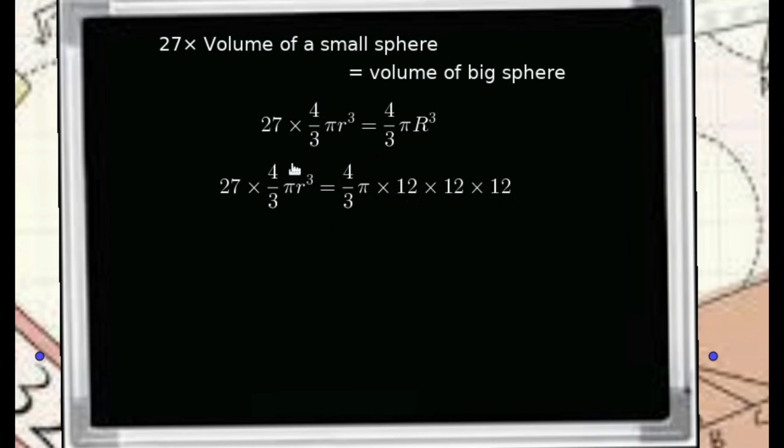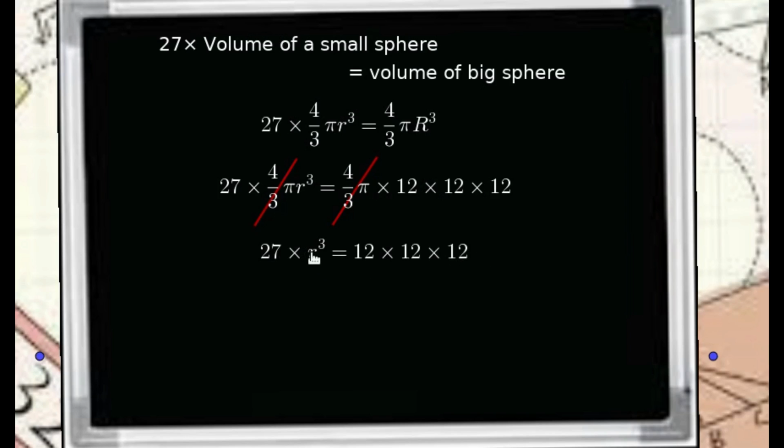Here 4 by 3 pi is on both sides, so we can cancel it. The remaining terms are 27 r cube equals 12 into 12 into 12.